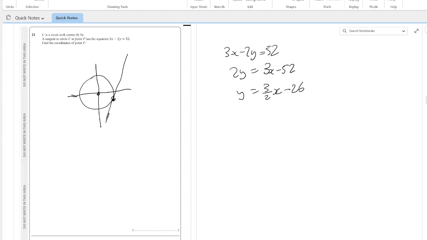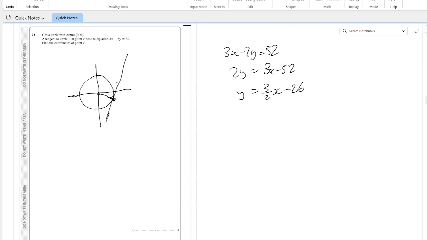And this tells us that the gradient is 3 over 2. Now, here's the trick. If you join the center and the point of tangency, that is perpendicular to the tangent. And if it's perpendicular, we can work out its gradient.